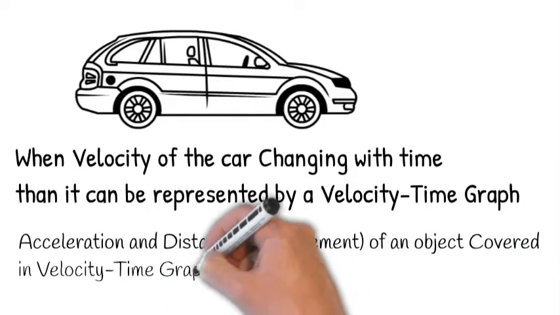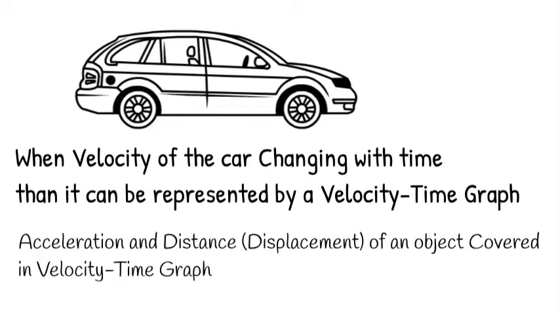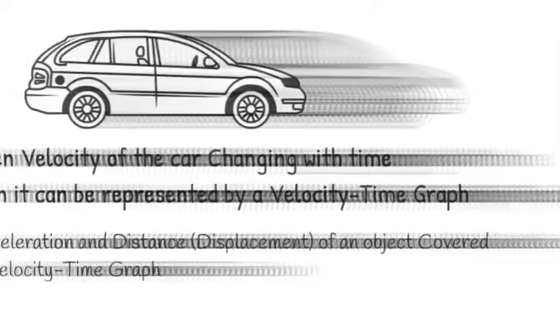At the end of the video, we will be able to find the acceleration and distance of an object covered in velocity time graph, because when velocity of the car changing, then acceleration is produced and body covers some distance, so we will find the distance of an object in velocity time graph.